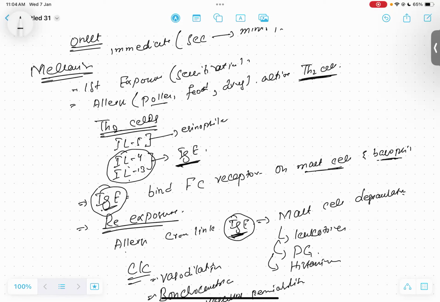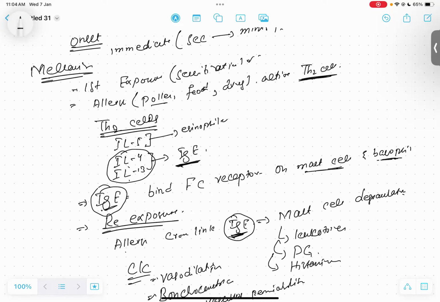So sensitization is the initial event, and after the first exposure, all other exposures are re-exposures, and these lead to this type of reaction. Okay, doctor? So sensitization is the first event. They don't need it again and again.